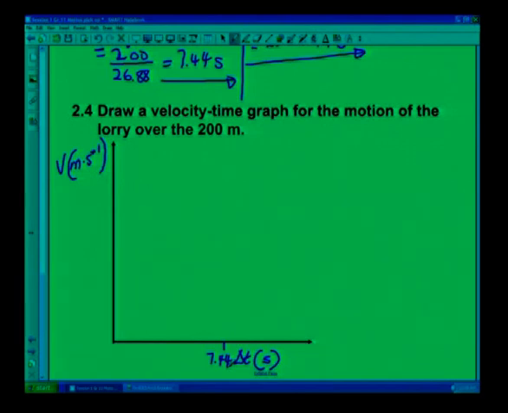Its initial velocity was 12 meters per second. So let me have my 12 there. And at the end of the journey, it was at 41,76 meters per second. Okay, and so this is V in meters per second.